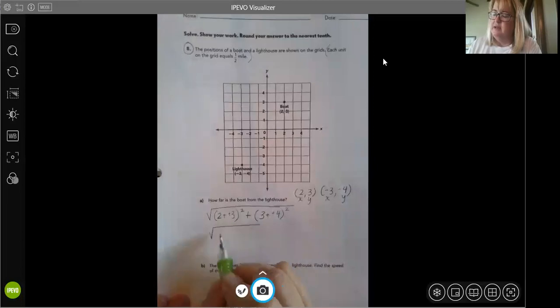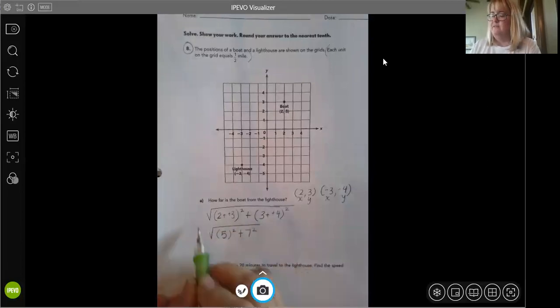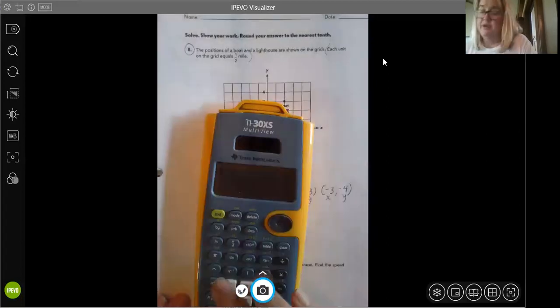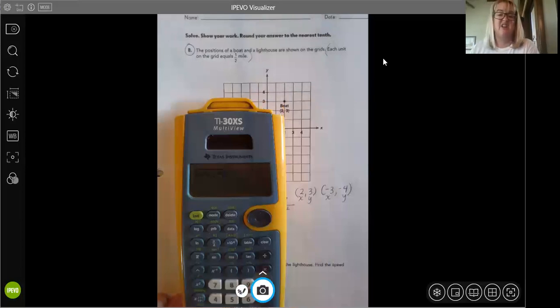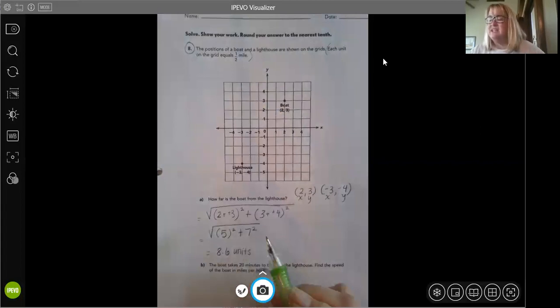So this is going to be 5 squared plus 7 squared. So we are finding the square root of 5 squared plus 7 squared. Now let's get our calculator. Square root 5 squared plus 7 squared. Enter. All right, so it is 8.60 and so on, and that would be about 8.6 units.